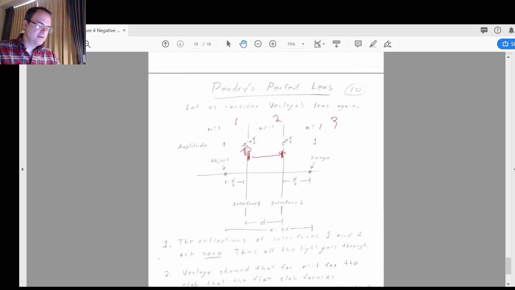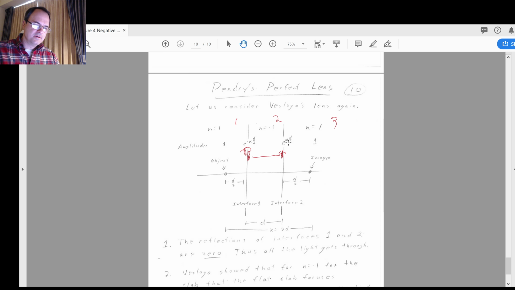So we take the original e to the minus alpha d over 2 times e to the alpha d, not d over 2, but just d, to get the field strength right here at this interface. So the result is e to the plus alpha d over 2. So the field is stronger at this point than it is even at the object.